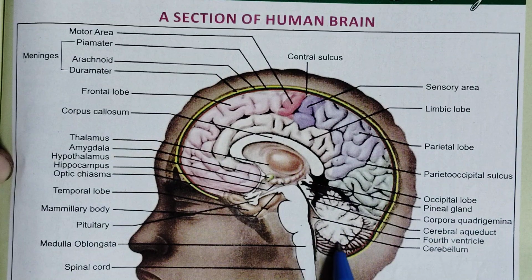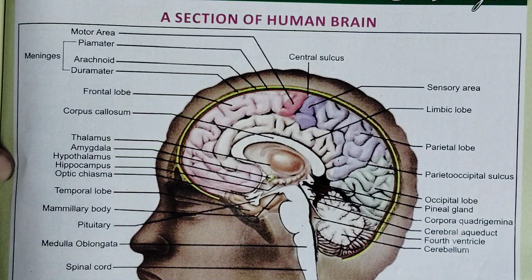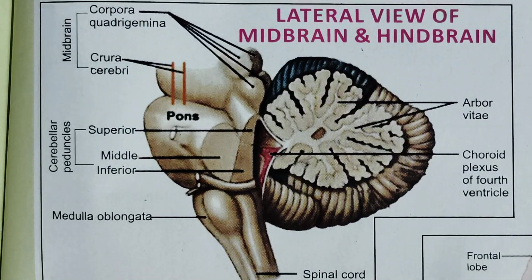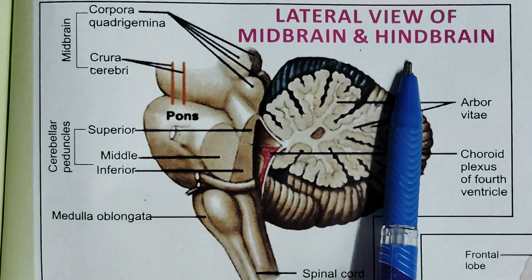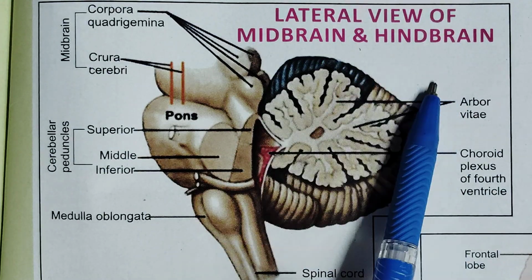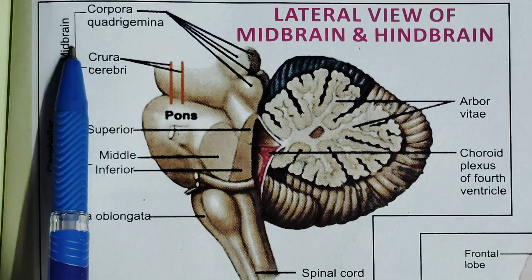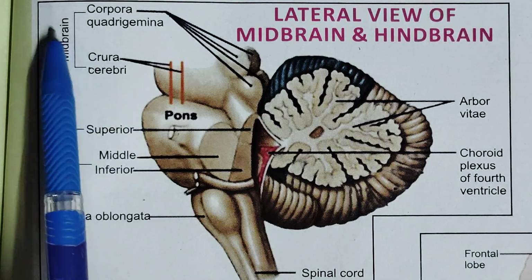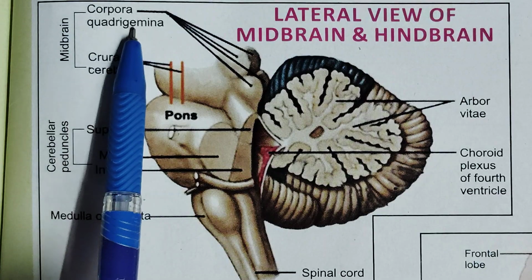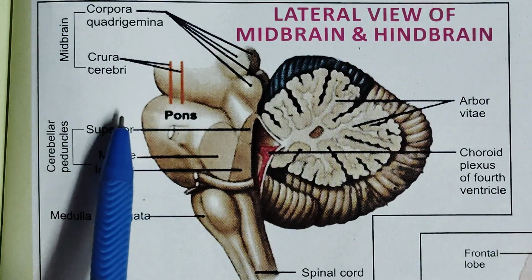These are the diagrammatic views. Next is the lateral view of midbrain and hindbrain. There is the midbrain, named corpora quadrigemina and crura cerebri.